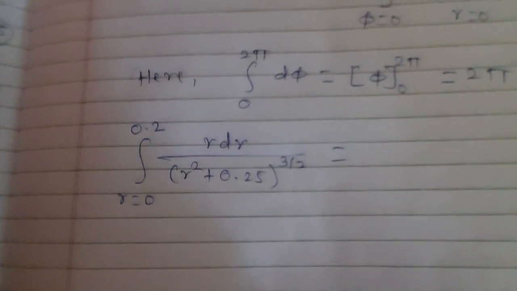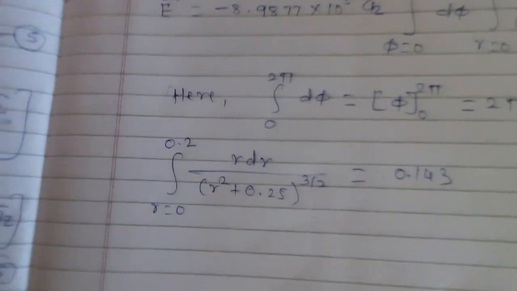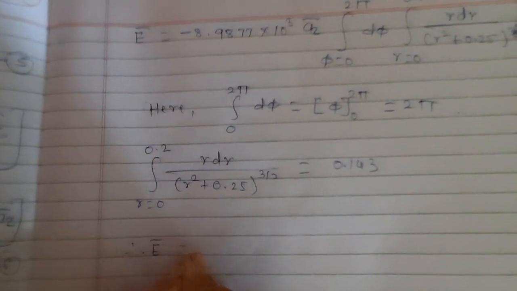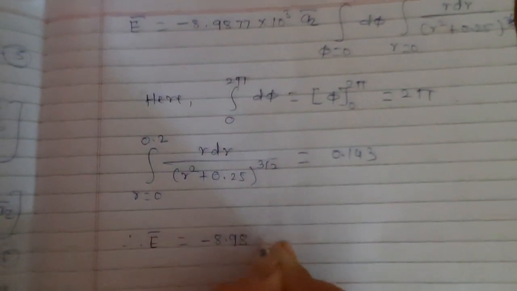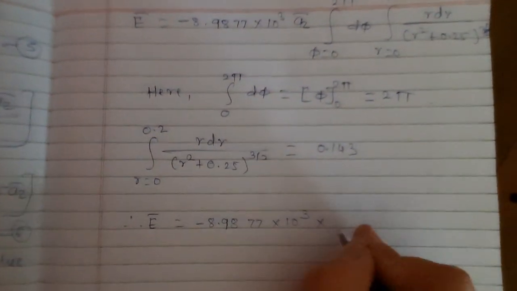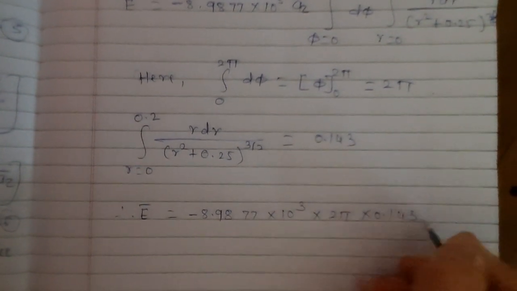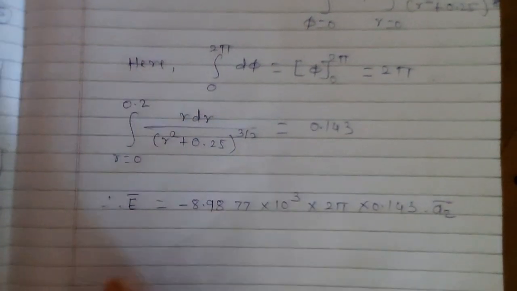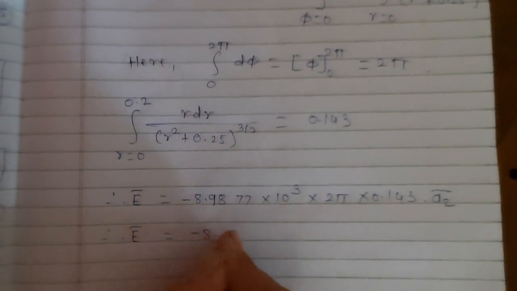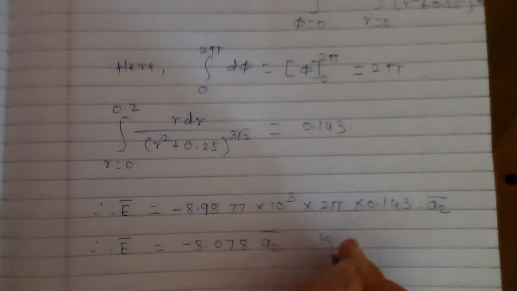The answer is 0.143. Now the answer is E bar is equal to minus 8.9877 into 10 raised to 3 into 2 pi into 0.143 az bar. So it is 800 kilowatt per meter.